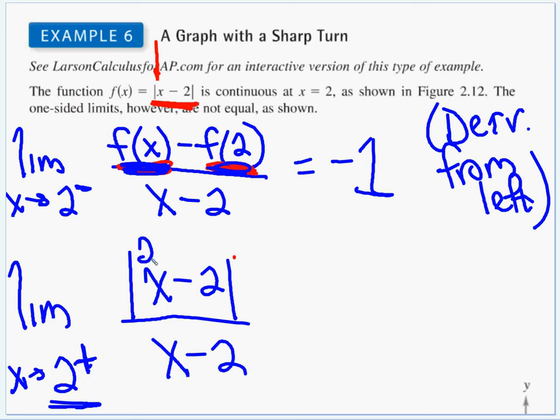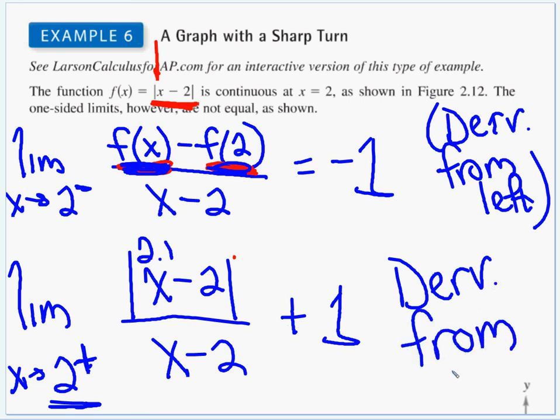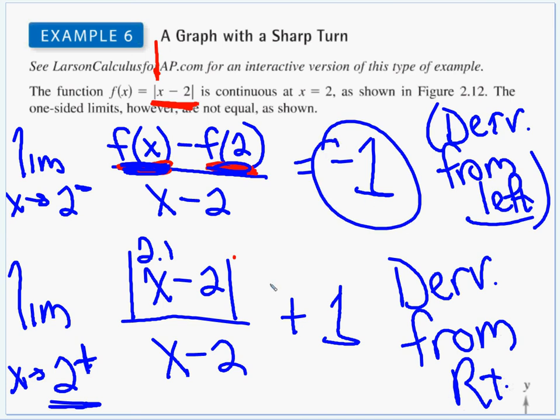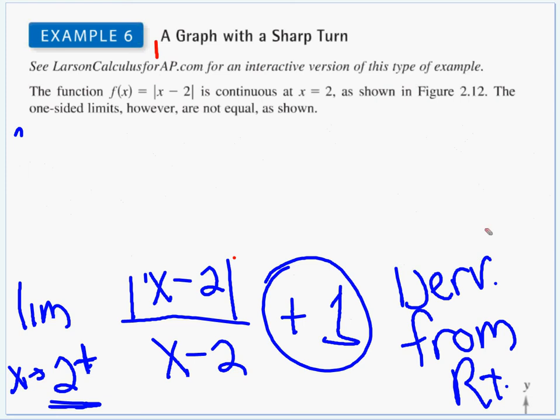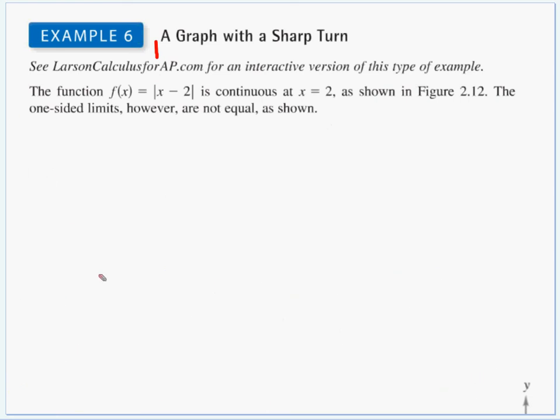If we imagine 2.1, our numerator is going to be a positive 0.1, and our denominator, 2.1 minus 2, will also be positive. So this is positive 1, our derivative from the right. The derivative from the left is negative 1, and the derivative from the right is something else. We are not differentiable at that point.